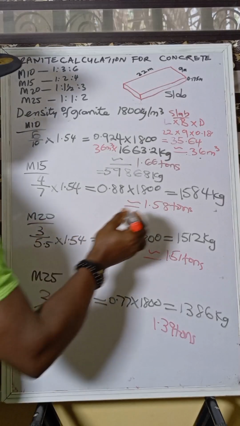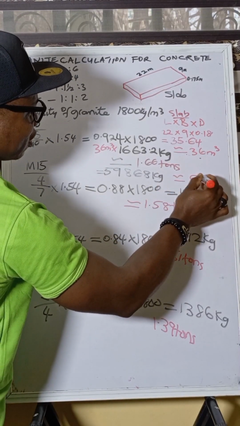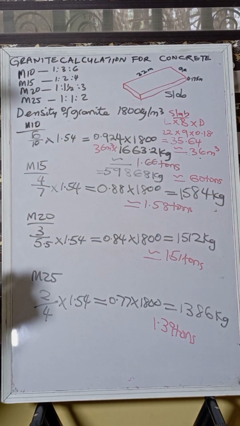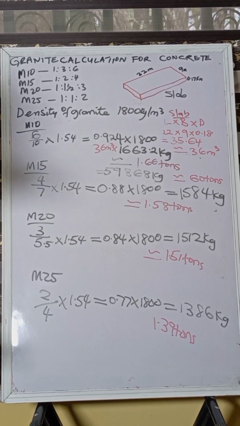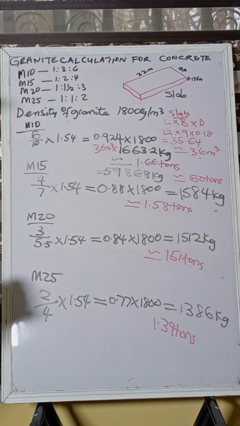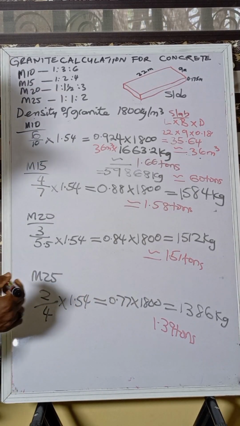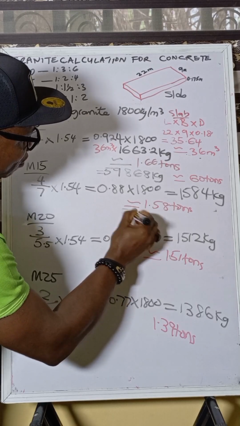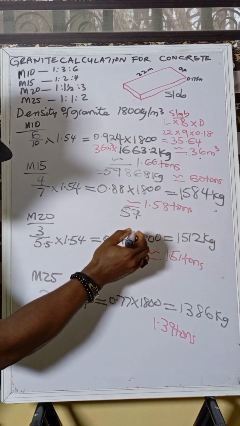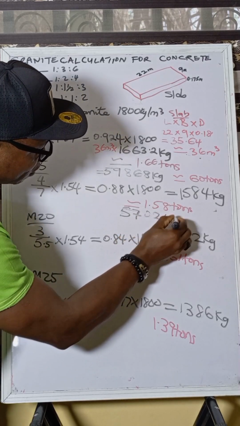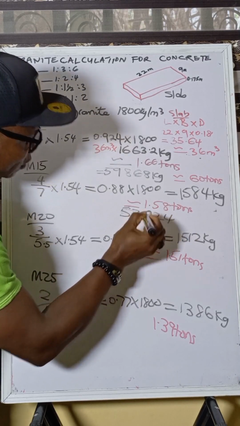For M15, 36 cubic meters of concrete using M15 will give us 57 tons. For M20, 36 cubic meters for M20, we'll need 54 tons of granite.